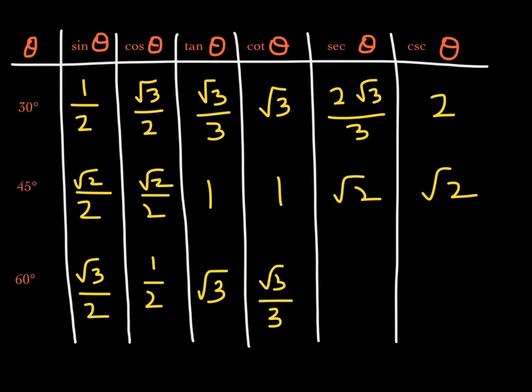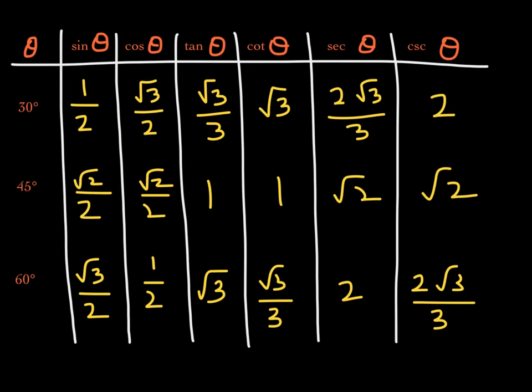Secant of 60 degrees will just be the reciprocal of cosine of 60 degrees, so it'll be the reciprocal of 1/2, which is 2. Finally, cosecant of 60 degrees will be the reciprocal of sine of 60 degrees, which will be the reciprocal of root 3 over 2, that being 2 root 3 over 3.